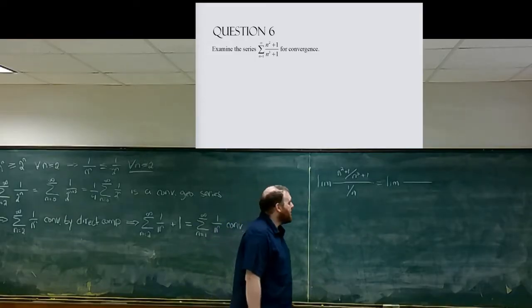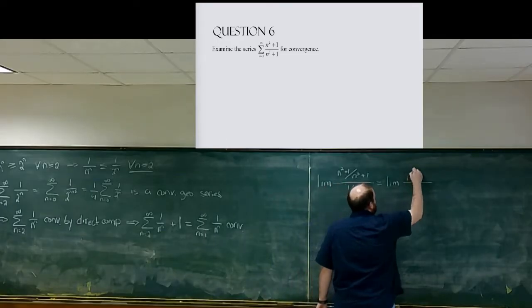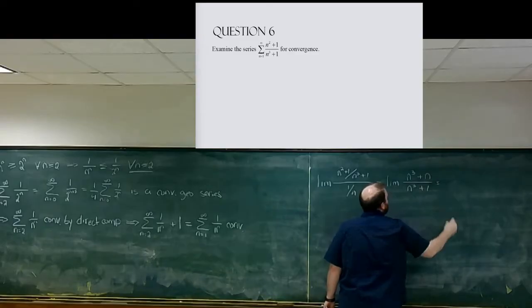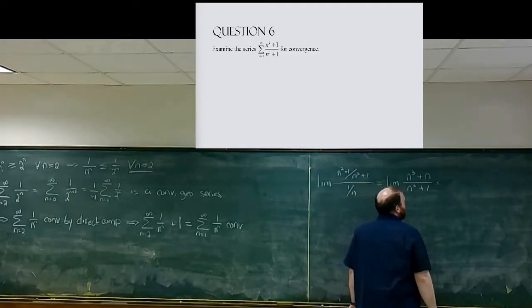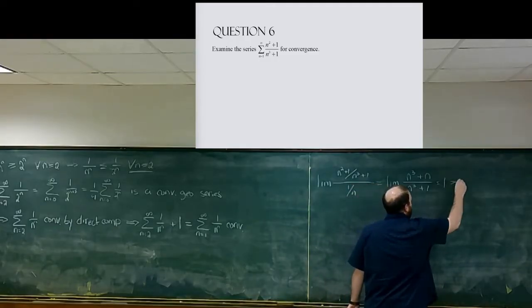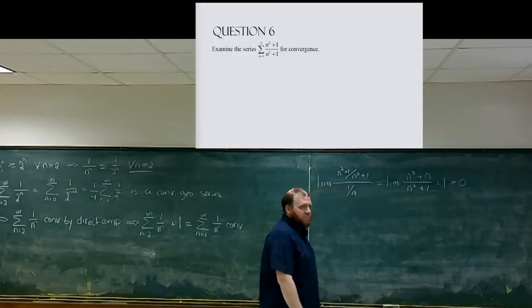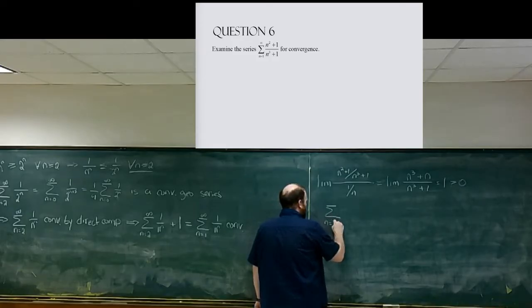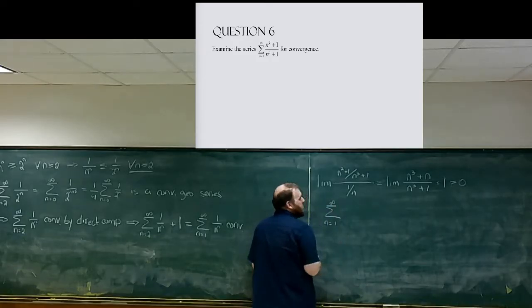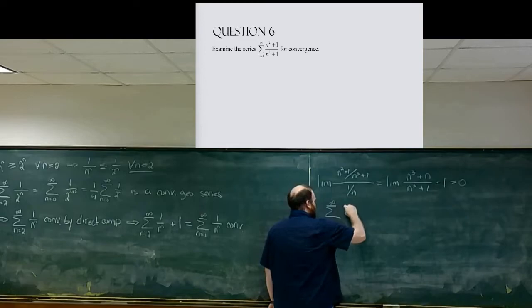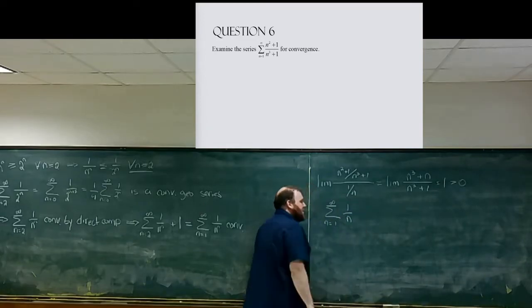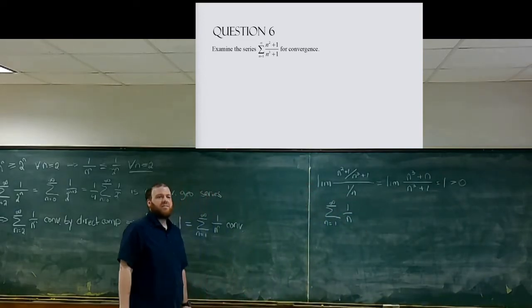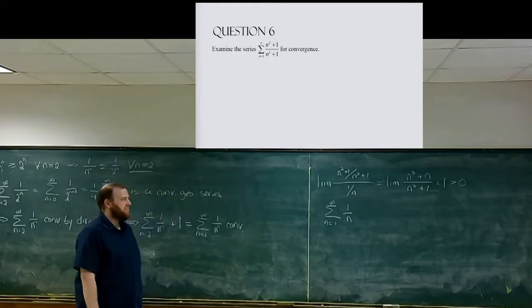N cubed plus n over n cubed plus 1. What's that limit? 1. Finite, greater than 0. What does that series do? Diverge.